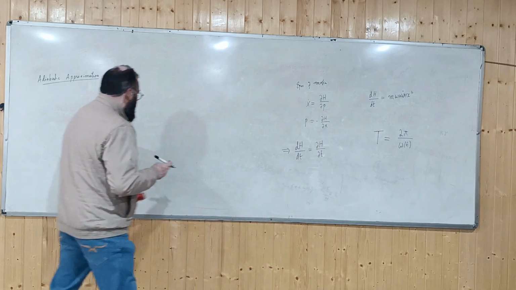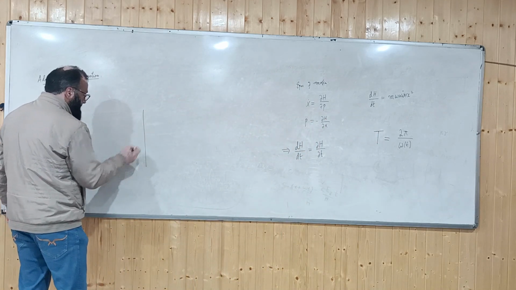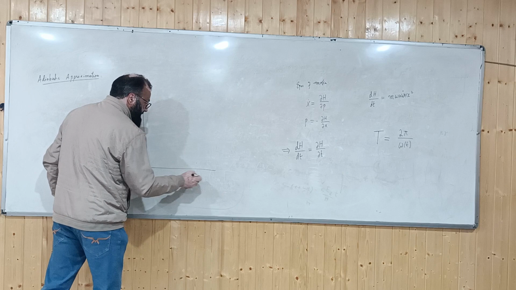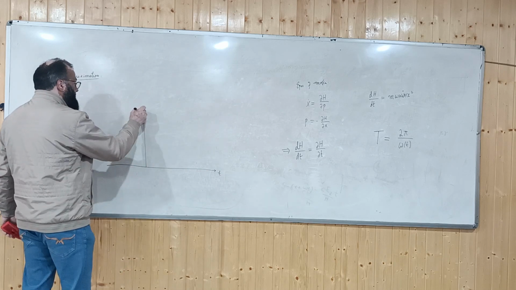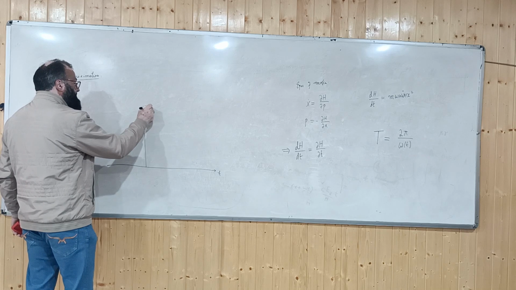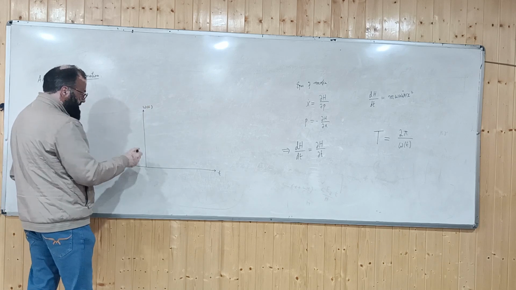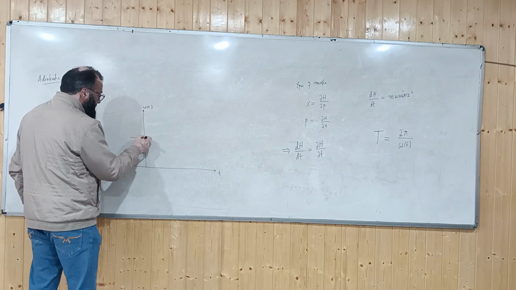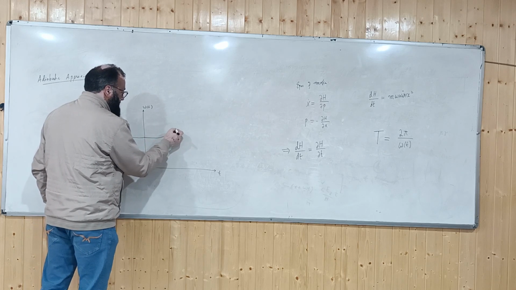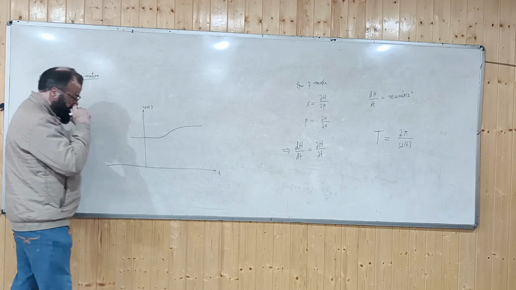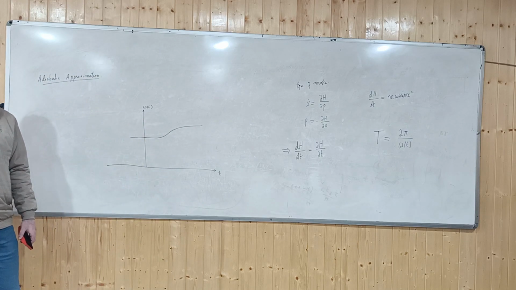So let's plot it, schematically. Let me consider this axis as time t, and this as omega(t). Let's say at t equal to 0 I have some omega. Omega(t) varies slowly like this. So this is a slow variation of omega. Clear?